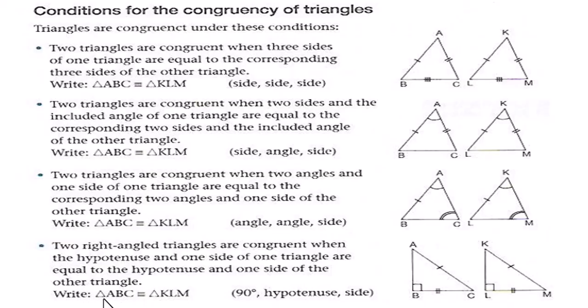So we write angle ABC is equal to angle KLM. So the hypotenuse and the one side are equal.